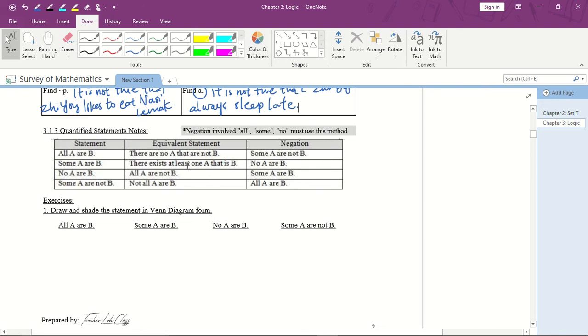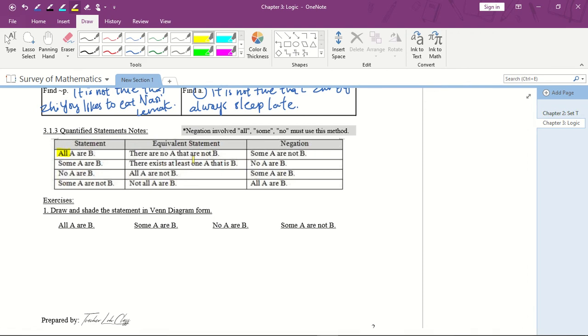Let's look at the next one. Here it says quantified statement. Just now we learned about statement and negation, and now quantified statement. It means a statement that involves a quantity. You can look at these statements: all A are B. You see the word all means a quantity.